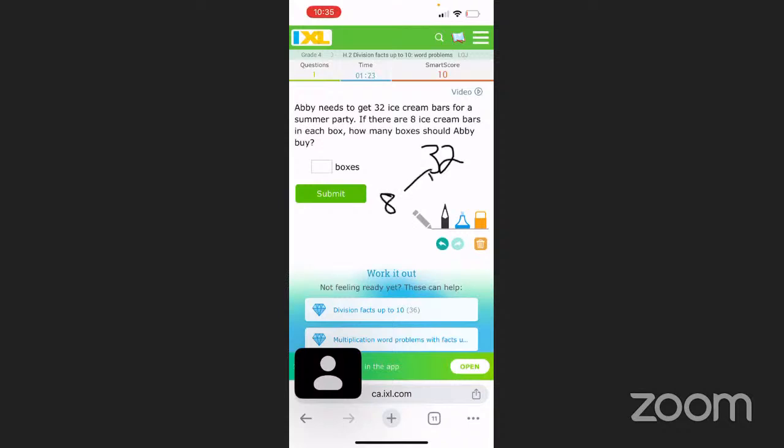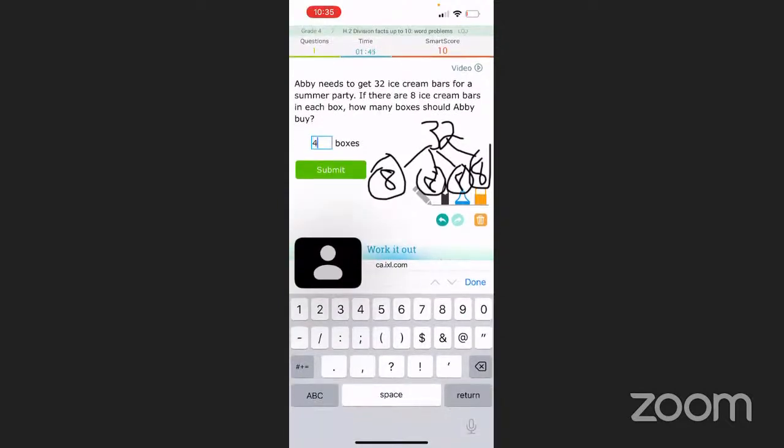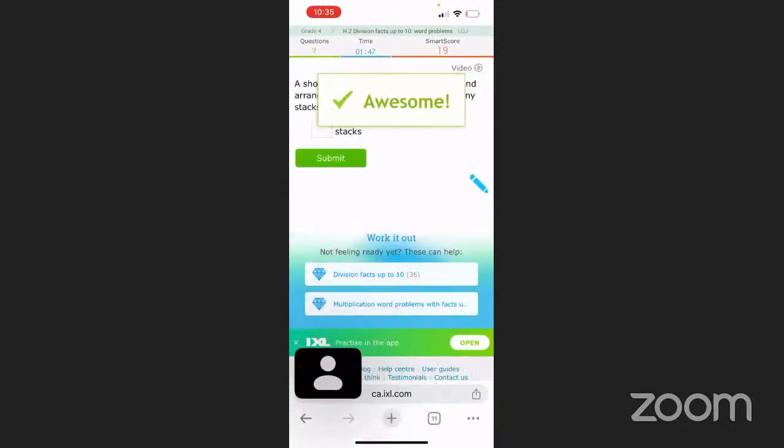So she gives 8 plus 8, which is 16. Then she gives 8 plus 8, which is another 16. So how many did she give altogether? Group them. Can you tell me how many groups are there? How many circles of 8 we have? Boxes? 4, right? Yeah, good.